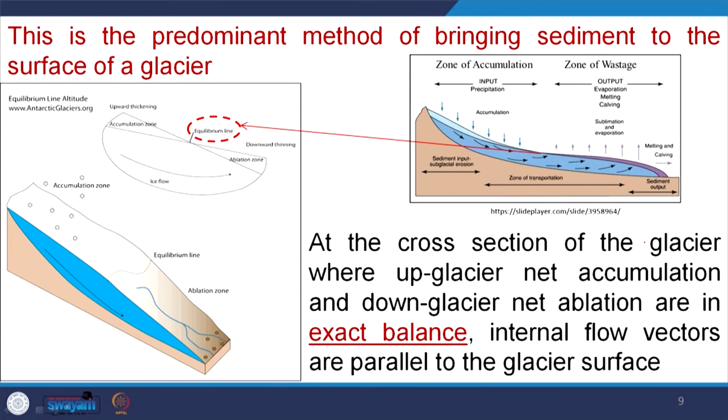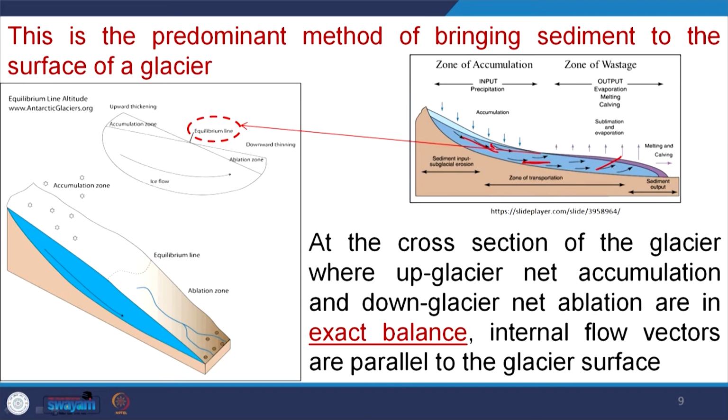At the cross section of a glacier, where up-glacier net accumulation and down-glacier net ablation are in exact balance, internal flow vectors are parallel to the glacier surface. So, that means here it is moving downward, here it is moving upward, but here it is parallel.